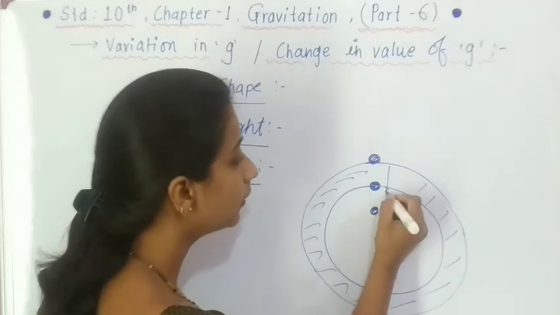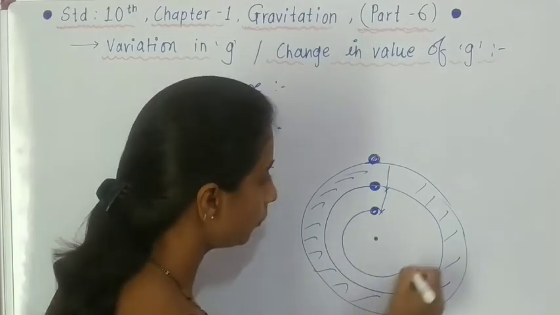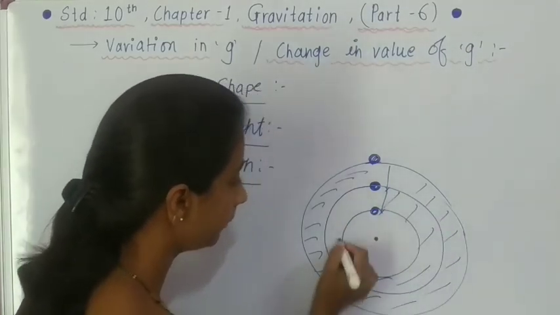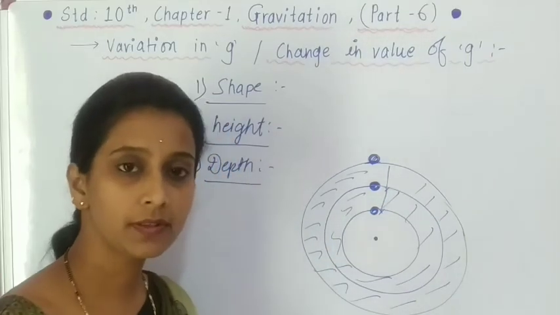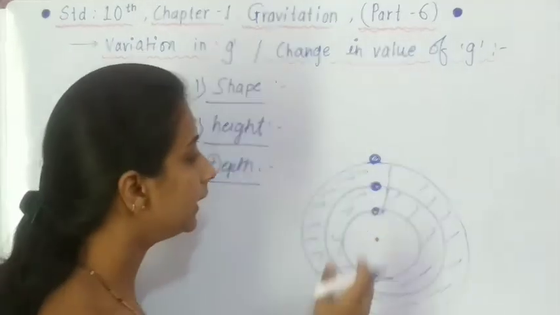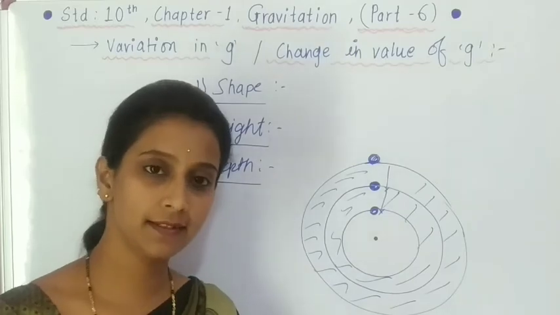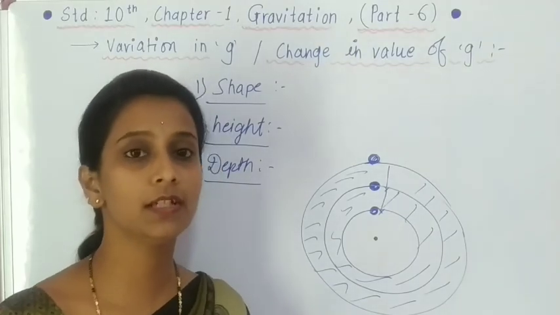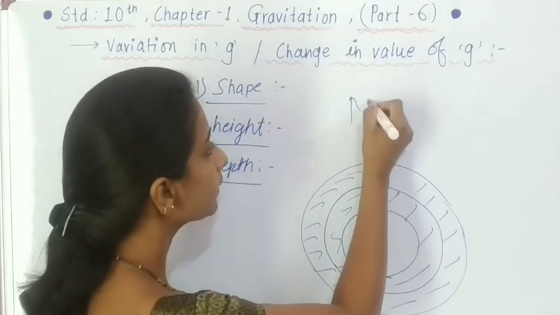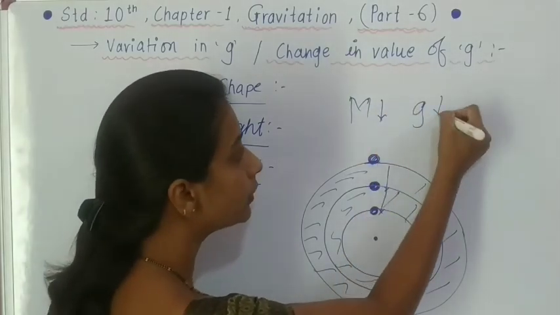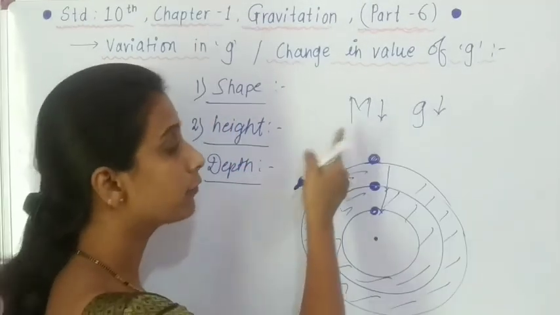Then again the mass is reduced. The mass of earth is reduced this much. So for that person again the earth is becoming less. So we know that according to the formula, as the mass decreases, the value of g also decreases. Remember this from the formula.